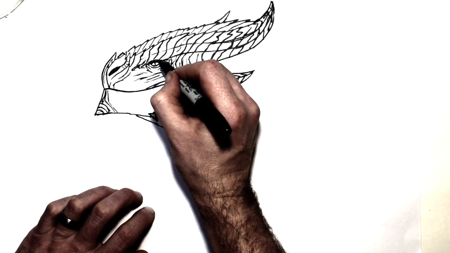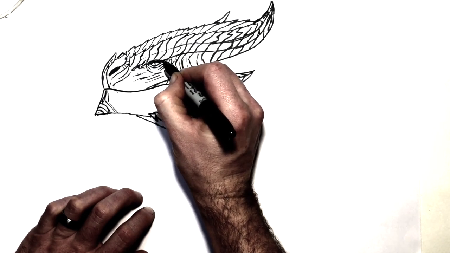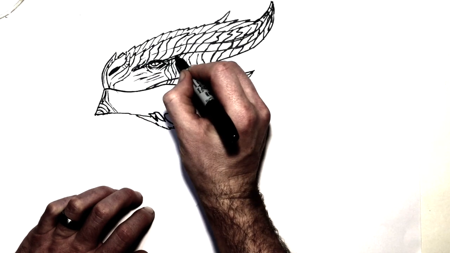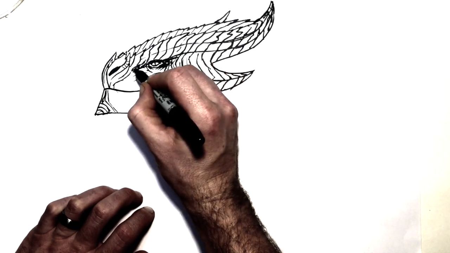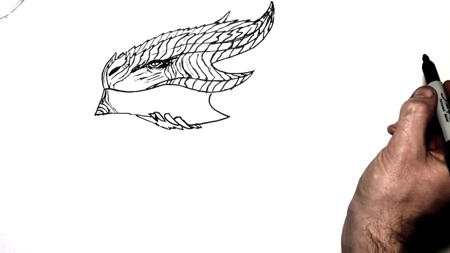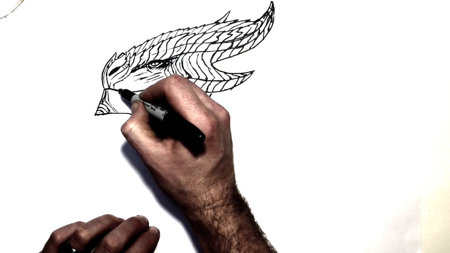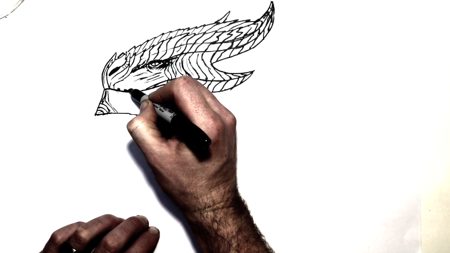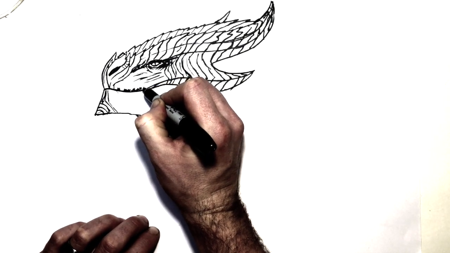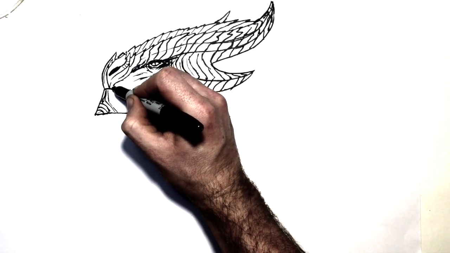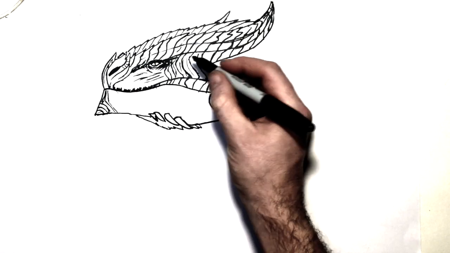And if you wanted, you could shade in around his eye to make that a bit darker. Just down here, make these line weights a bit heavier just to show the shadow around his eye. And then we have some marks just all along that top lip. Just lines there.